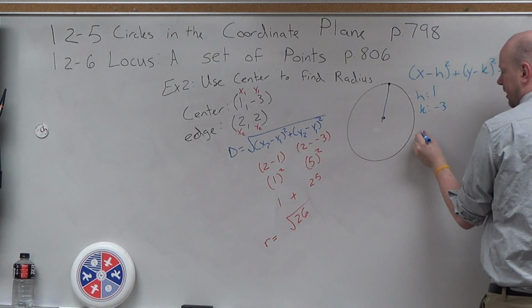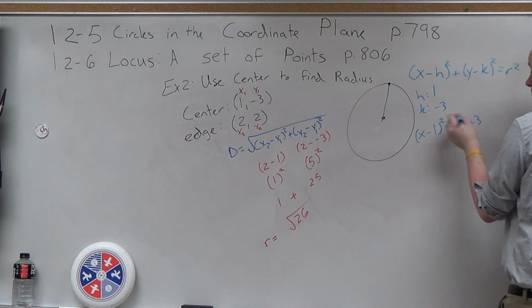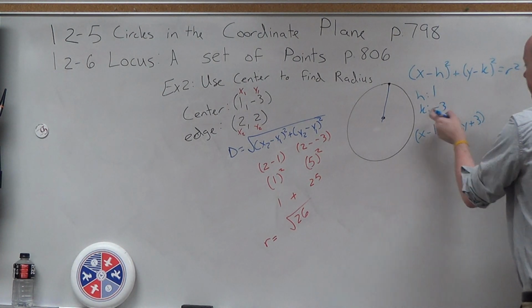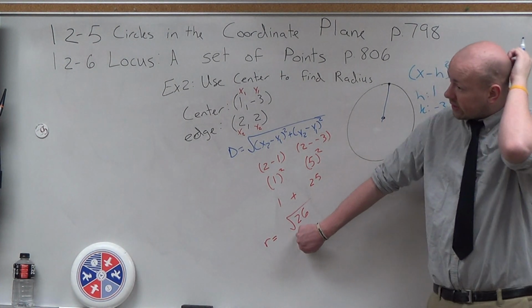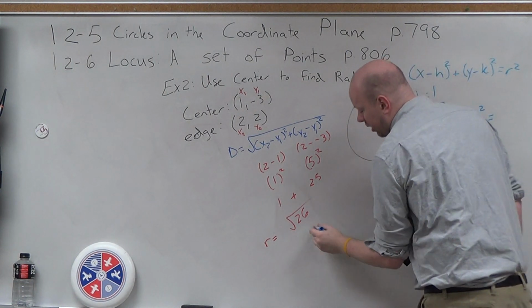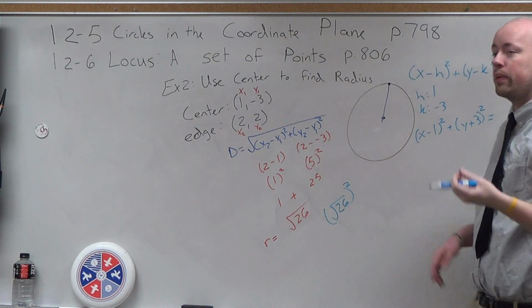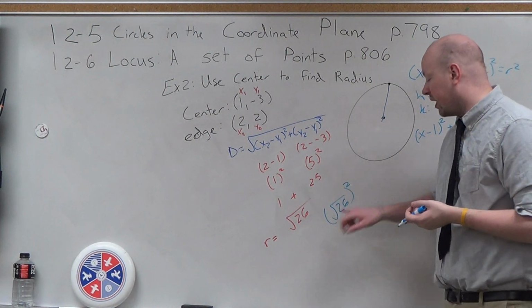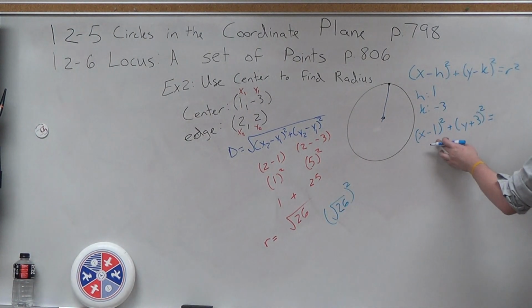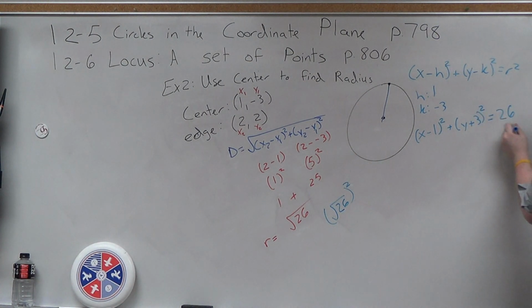So I get x minus 1 squared plus y plus 3, because again it's a minus negative, squared, equals r squared. If r is the square root of 26, what would be the square root of 26 squared? Just like when we have x squared and take the square root to cancel it out, squaring would undo that as well. So we get x minus 1 squared plus y plus 3 squared equals 26.